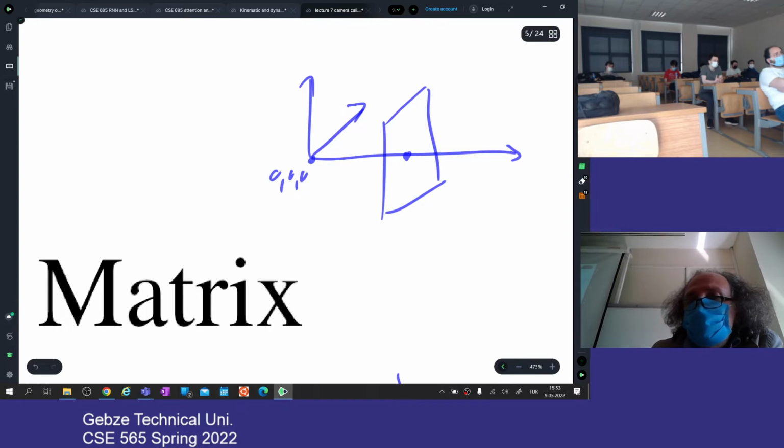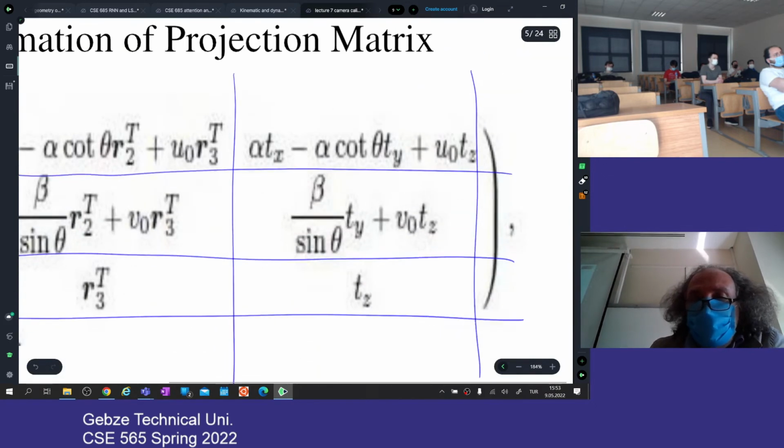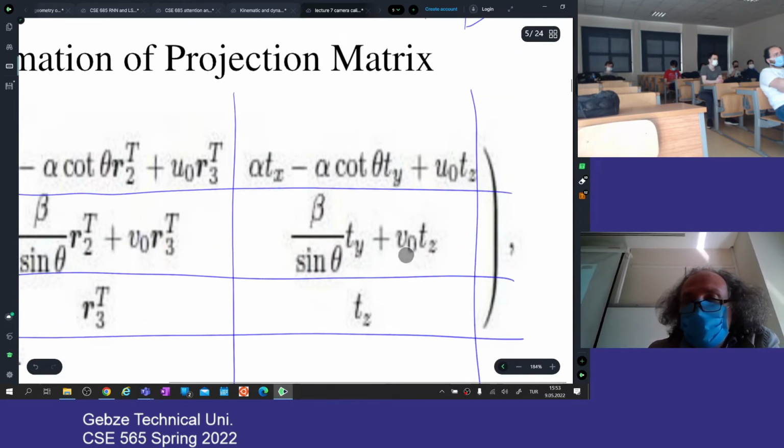The x-axis that intersects with the image plane is U0 and V0. This is the principal point. Remember? So U0 and V0 are the principal point. We know those.